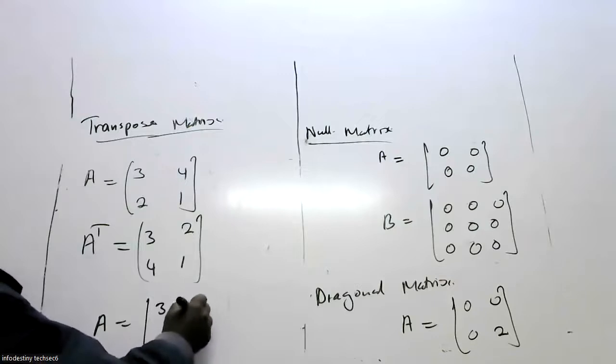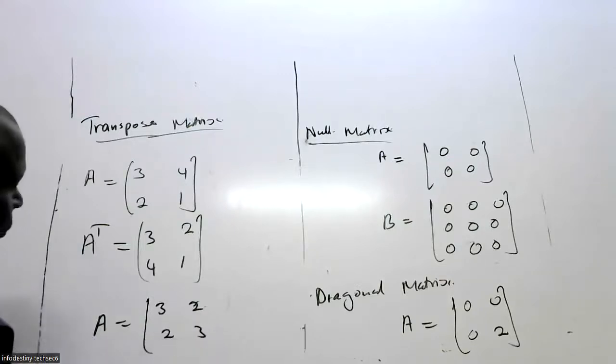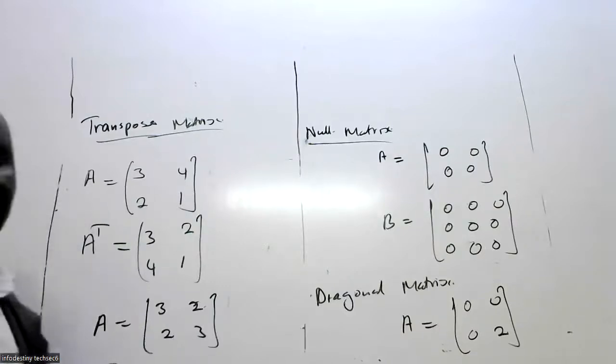Now, if you transpose this one, what are you going to get? A transpose is going to be 3, 2, and then 2, 3, which is the same. Because that is what we call a symmetric matrix.